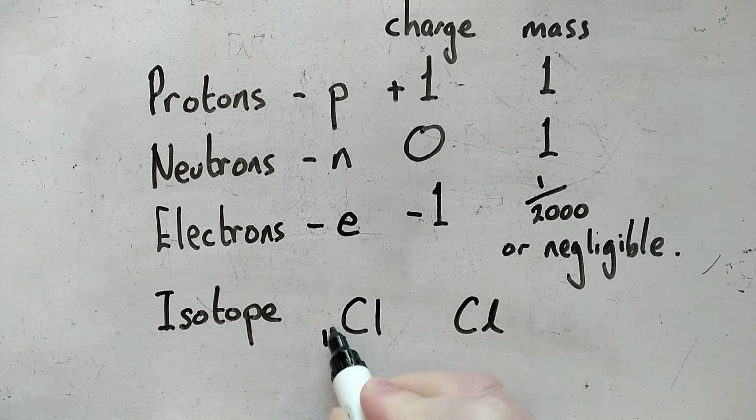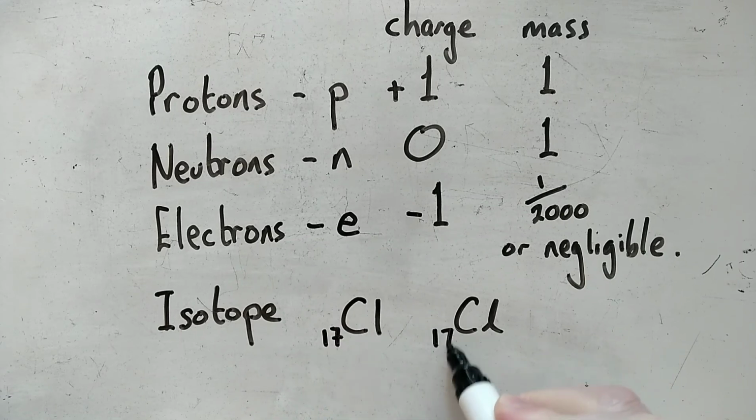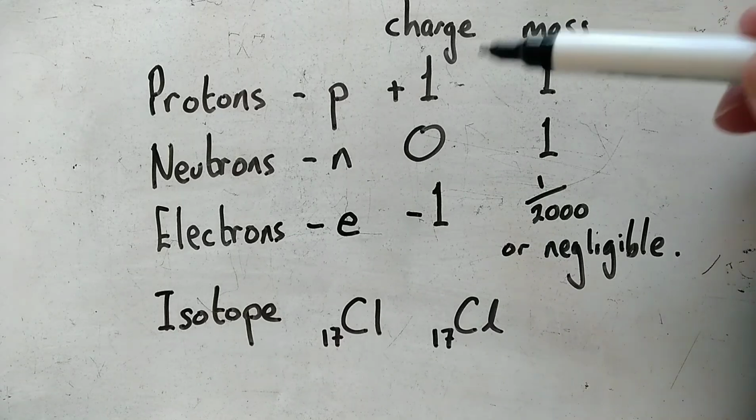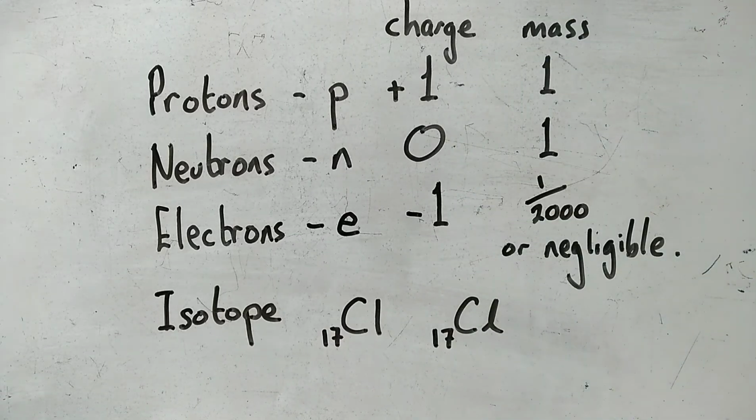Both of them have 17 protons, and that means when the atom is neutral, they will also have 17 electrons, because atoms have to be neutral. So they have the same number of protons and electrons, the same number of positive and negative charges.